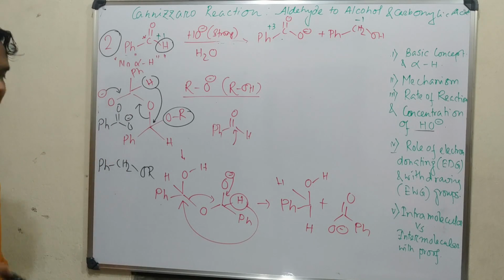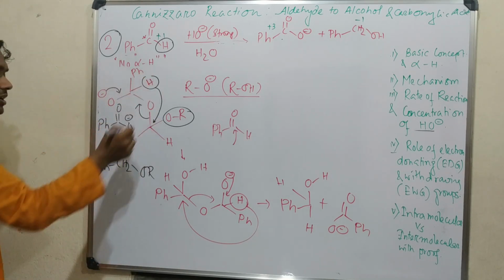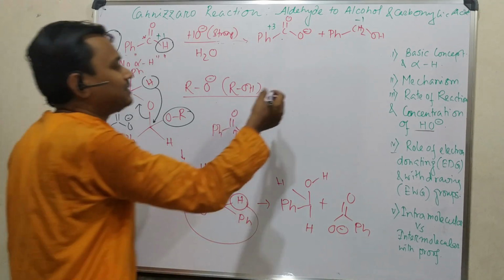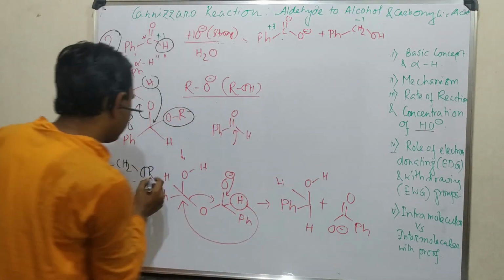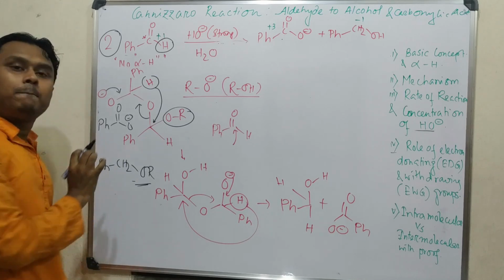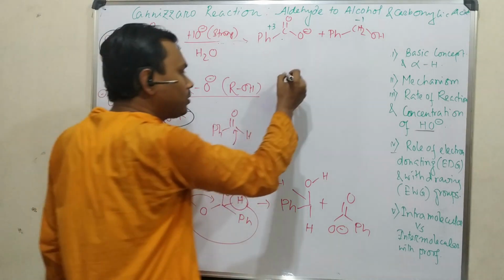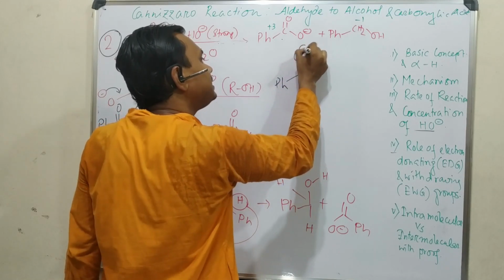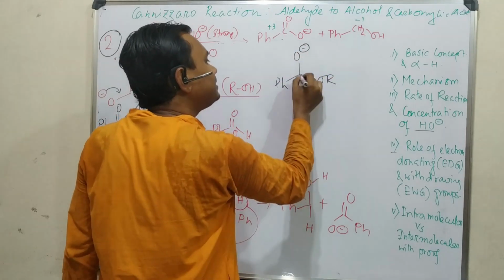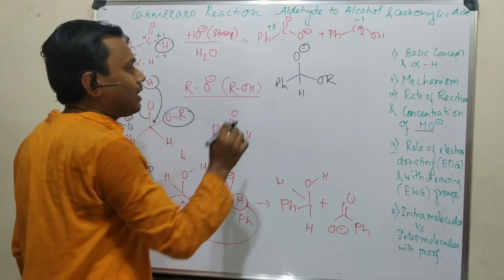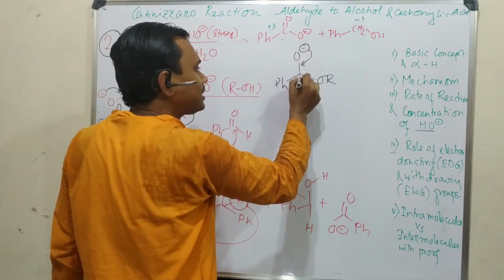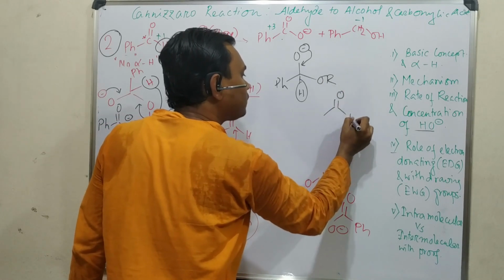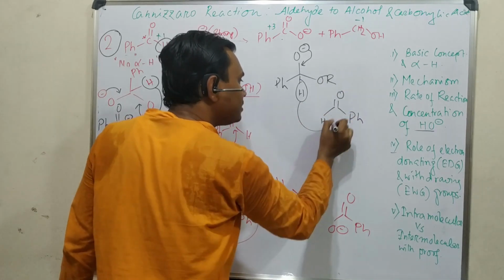But let's consider according to this mechanism what is actually obtained: the benzyl alcohol derivative doesn't contain this OR. How? Ph first stage O minus, this is OR and this is H. After that it pushes its electron and hydride moves and attacks another molecule of benzaldehyde this way.